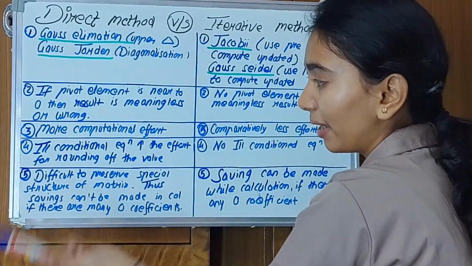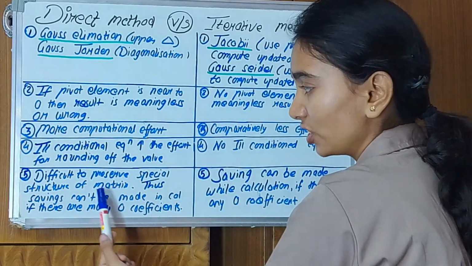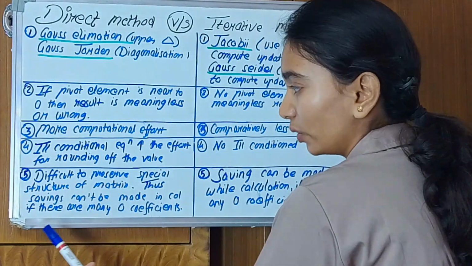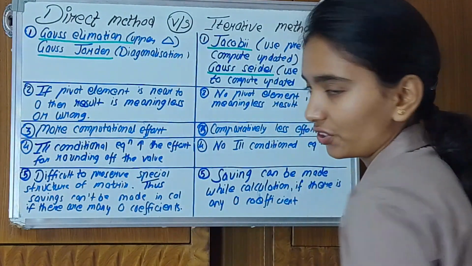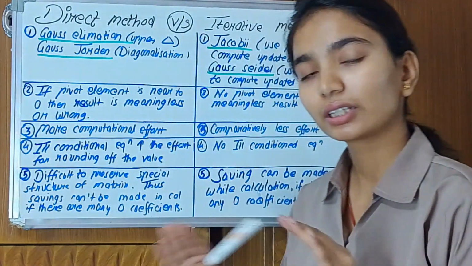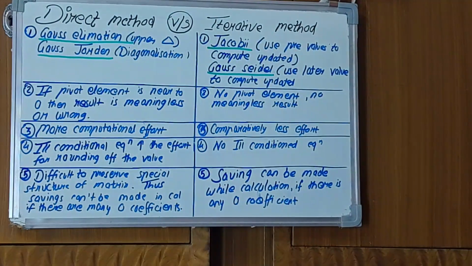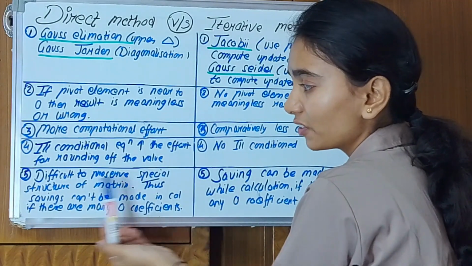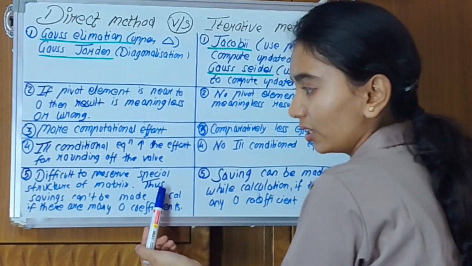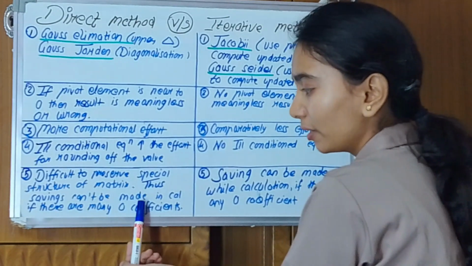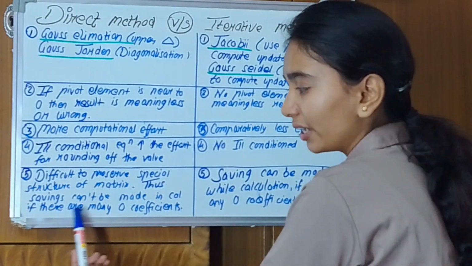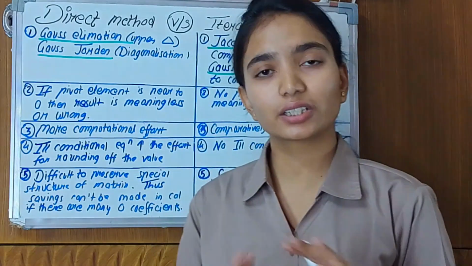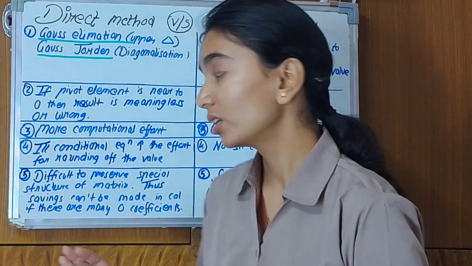Now in a direct method it is difficult to preserve special structures of the matrix, thus savings can't be made in calculations if there are many 0 coefficients.